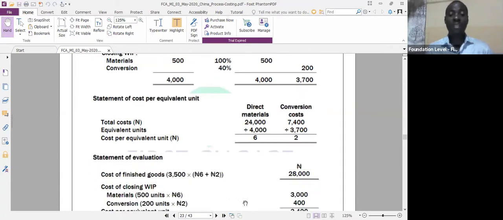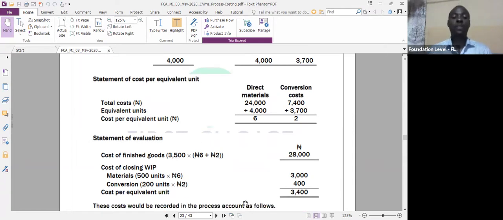So after that is done, you add the 6 naira plus the 2 naira in order to calculate what you want to do. Now, this third thing is the statement of evaluation. Look at the statement of evaluation. Your finished goods is 3,500, right? That's fine. It contains direct material, 6 naira per unit.